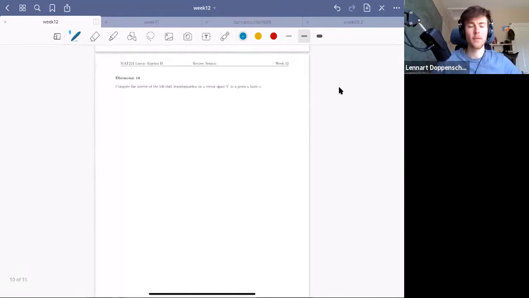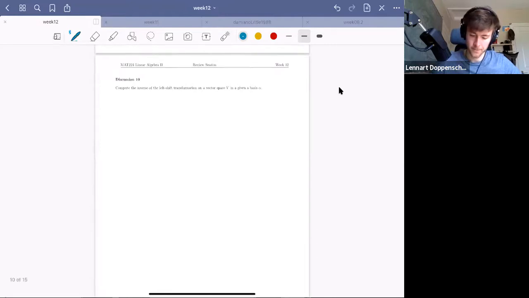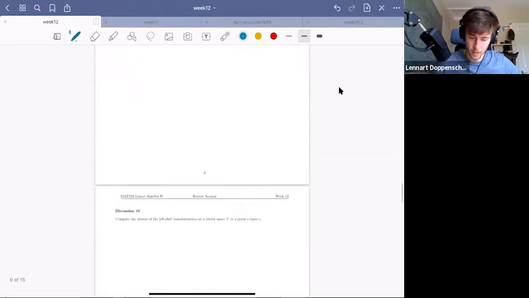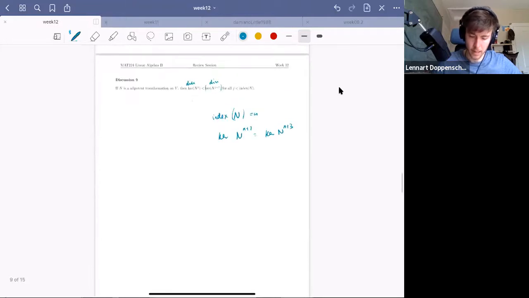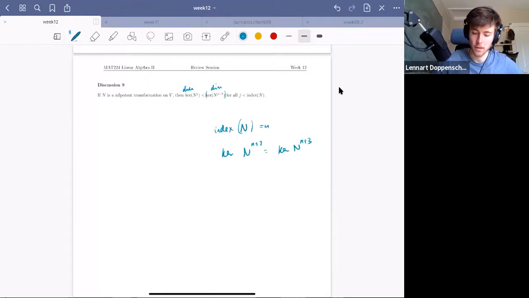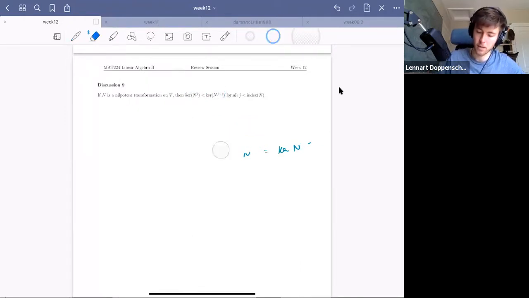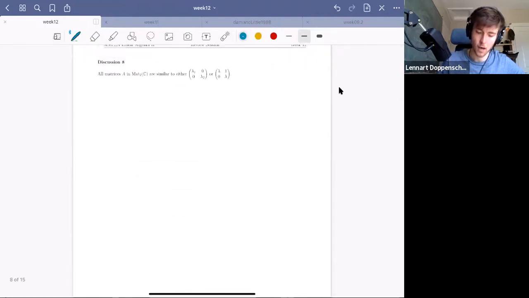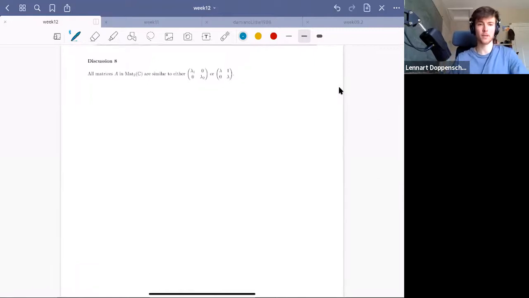No, we just had that discussion about the Jordan form, so I didn't include anything else. I put in the discussion of the nilpotent transformation of V and the kernel that I explained earlier. I think that's the only thing. Oh, I have this. Maybe this is good.